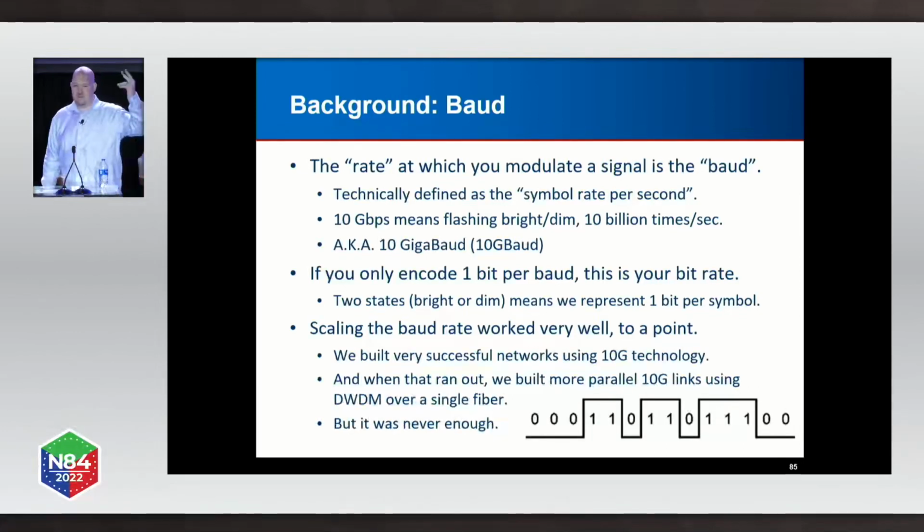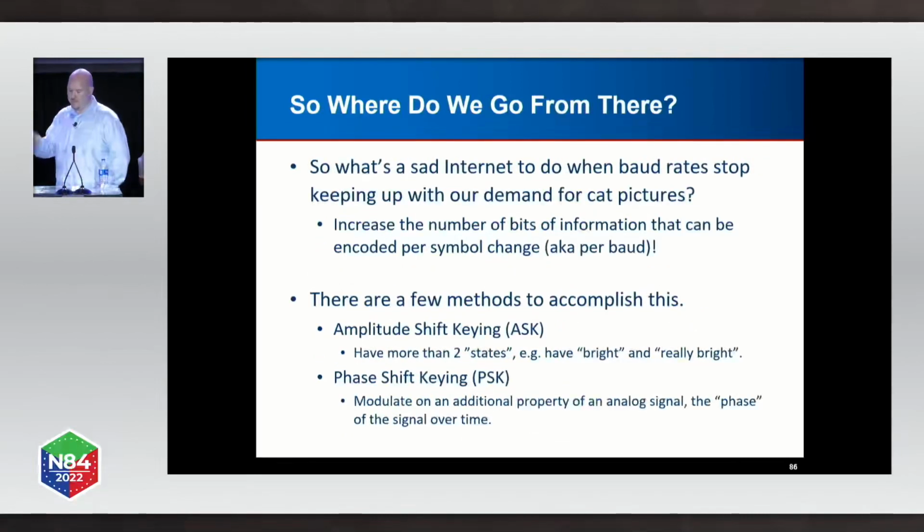So every bright is a 1, every dim is a 0, and you see that happen. That works really well up until a point. Like I said, we historically built a lot of great things until we hit that 10 gig barrier. And we didn't overcome that until we created, let's see, do I have that in the next slide? I'll talk about that. So where do we go from there, right?